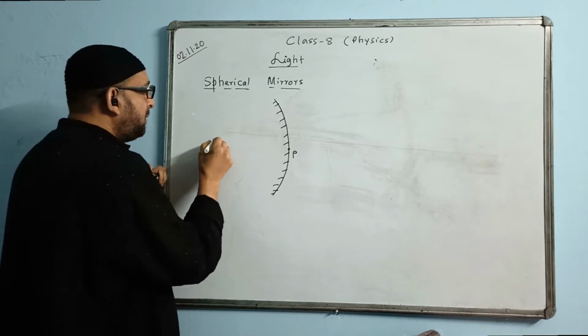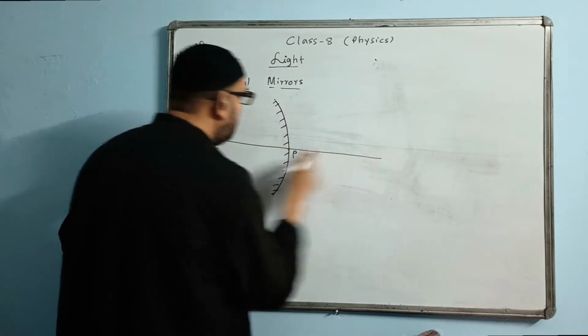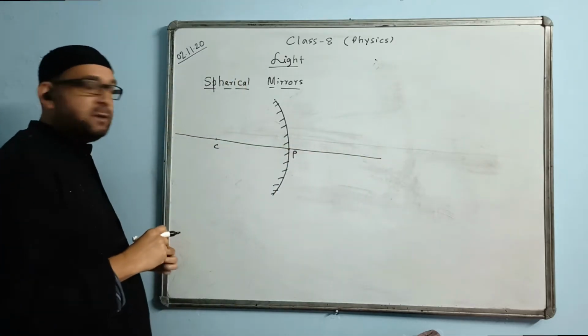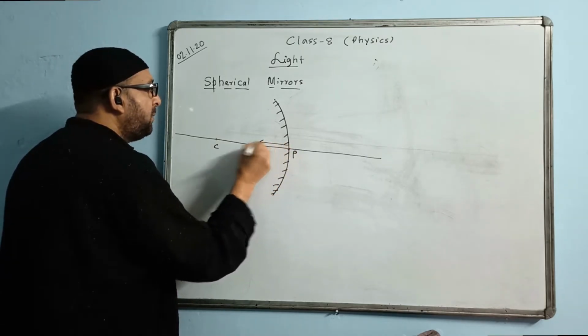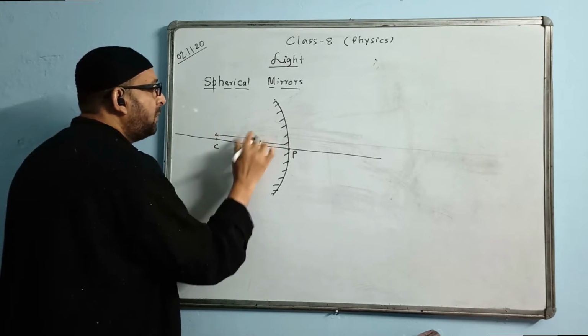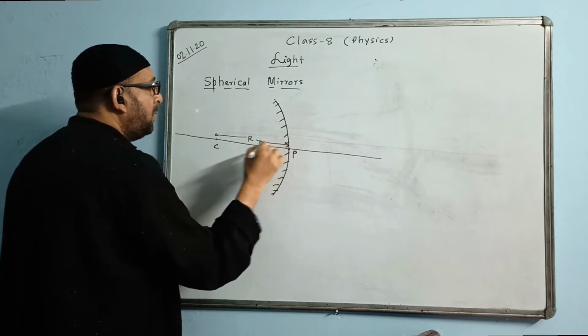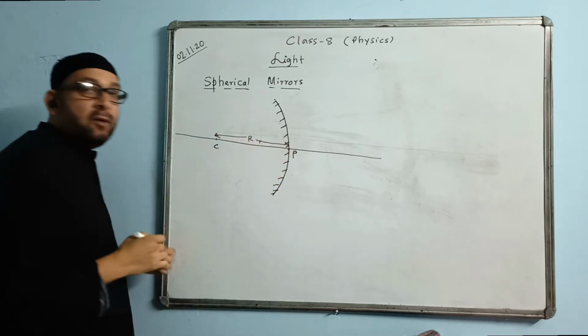The straight line joining the points P and C is called the principal axis. The distance between P and C will be R. From P to C, the distance will be radius of curvature.